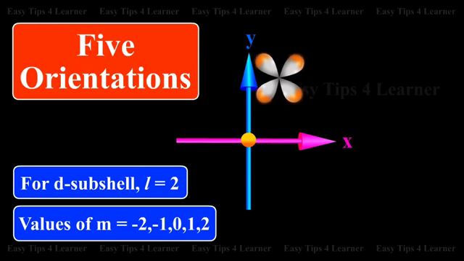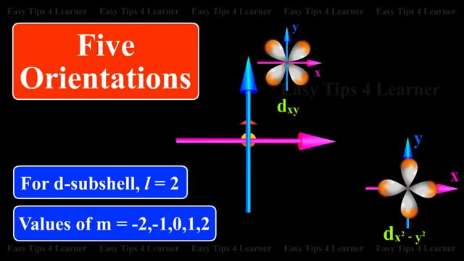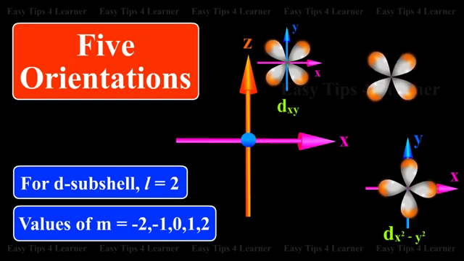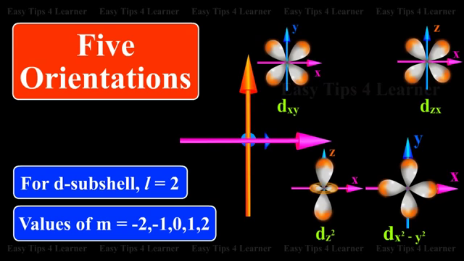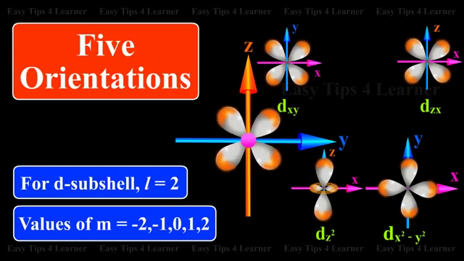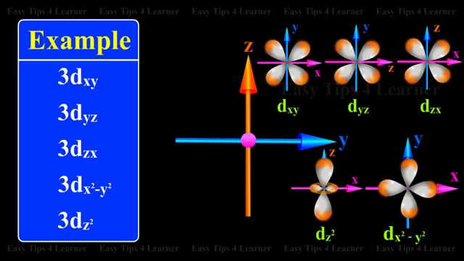These are represented by dxy, dx square minus y square, dzx, dz square, and dyz. For example, 3dxy, 3dyz, 3dzx, 3dx square minus y square, and 3dz square.